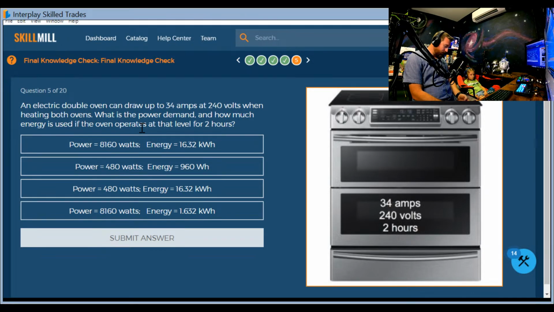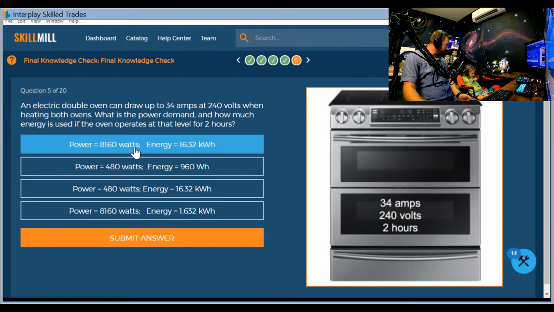So you do 240 times 34. The energy is 16.32 kilowatts. And the power is 8,160 watts.